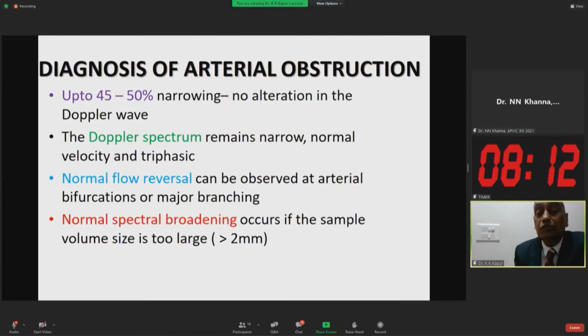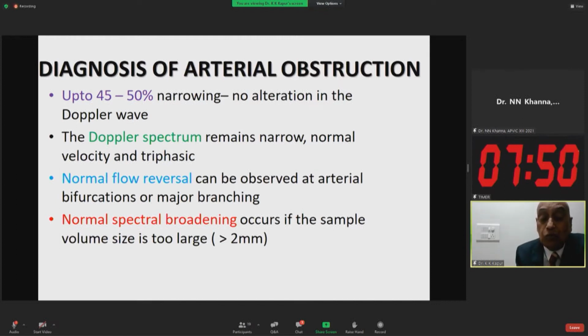When you diagnose arterial obstruction, first of all, you have to understand that when there is a narrowing up to 45 to 50%, there is no alteration in the Doppler waveform. The Doppler spectrum remains narrow, normal velocity, and triphasic.